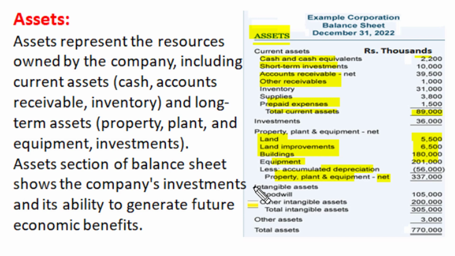There could be some intangible assets like goodwill or other intangible assets, and the sum total of all those assets is the total asset of the organization.